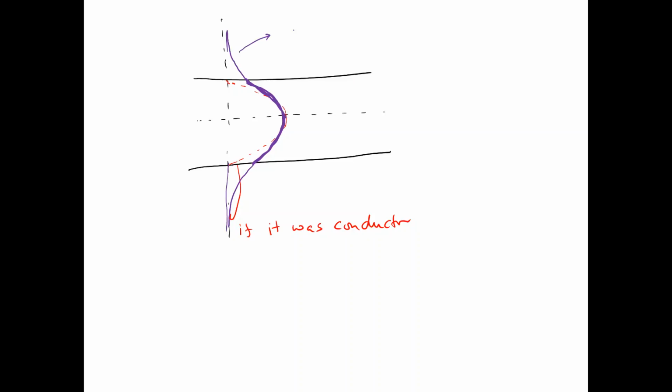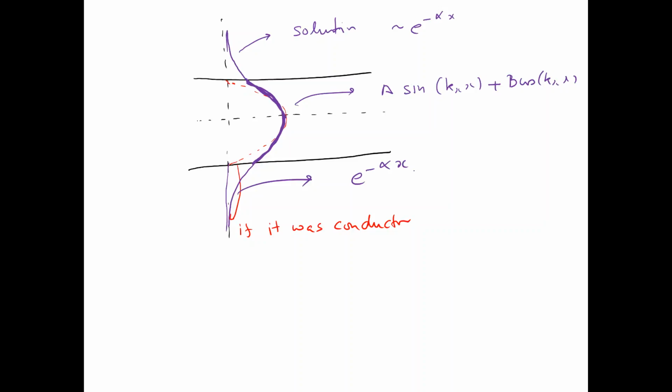So here the solution would be of the form e^(-alpha x). Here it will be of the form of some A sin(kx x), kx being some constant, plus B cos(kx x). And similarly here it will be of the form e^(-alpha x).